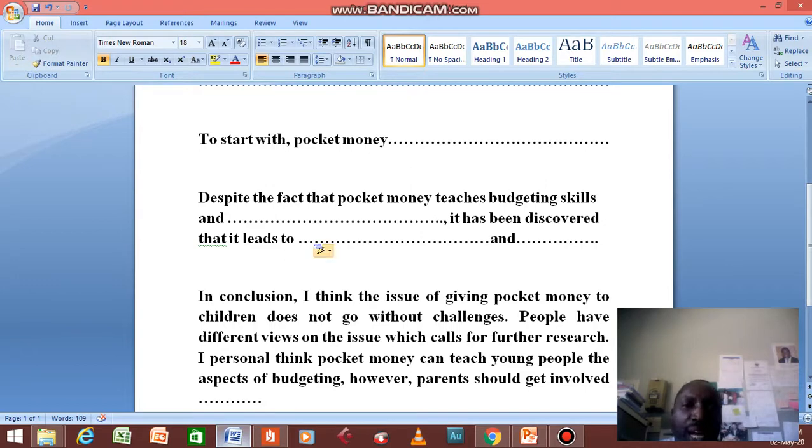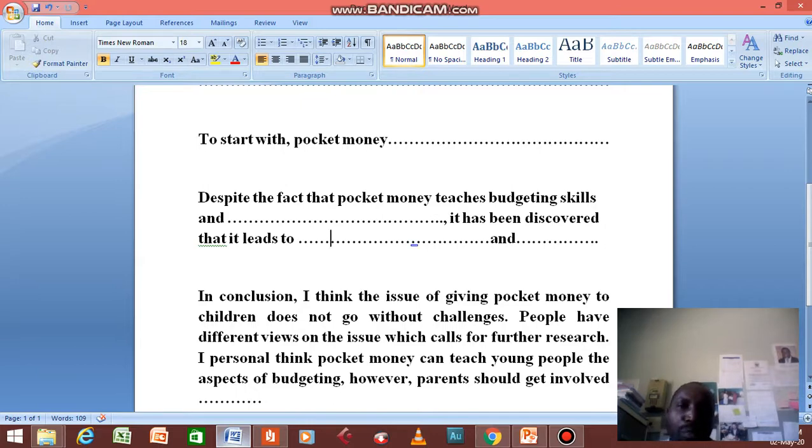Then in the second paragraph under content, you tell us about the challenges that could arise from giving pocket money to young people. But make use of connectives that show us that we are moving from this particular point of view to the next point of view by acknowledging what you stated earlier in paragraph 1 under content. For example, despite that pocket money teaches budgeting skills and so forth, like you mentioned.